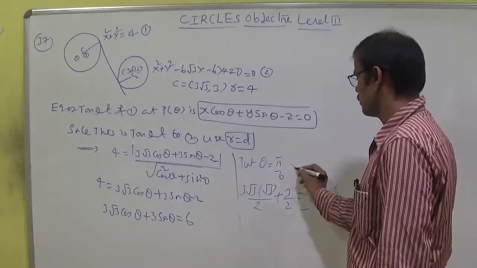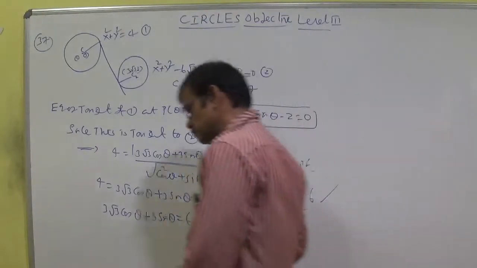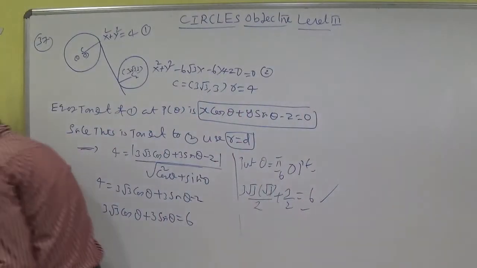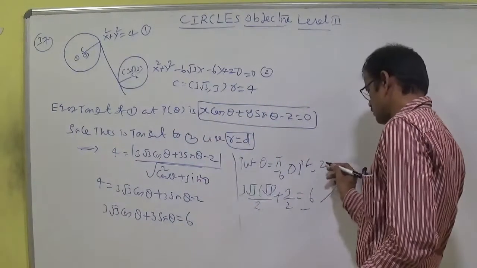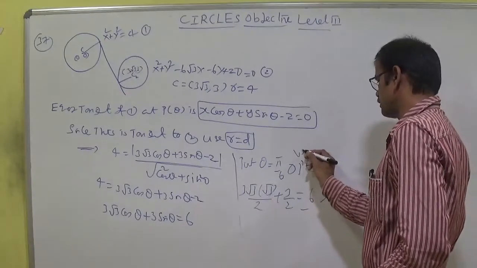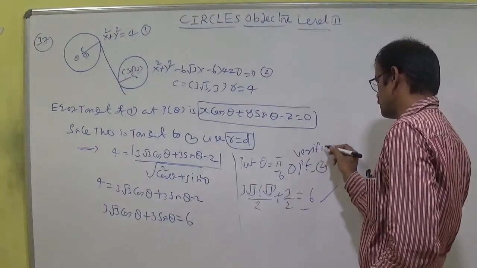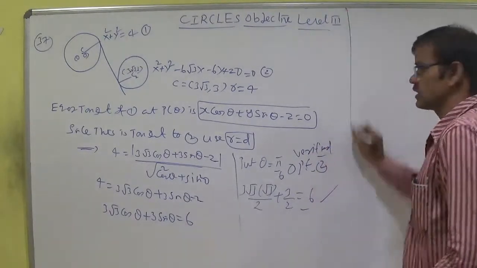Correct. Verified: option pi by 6, the second option, is verified.